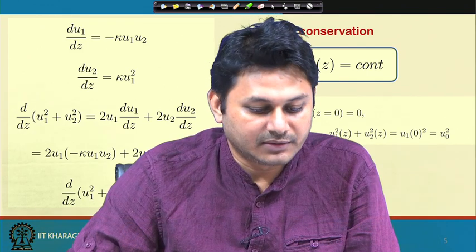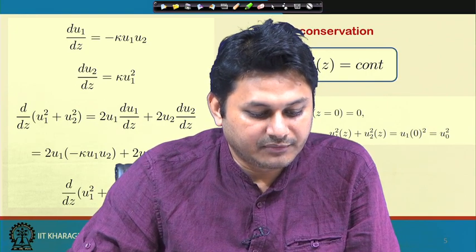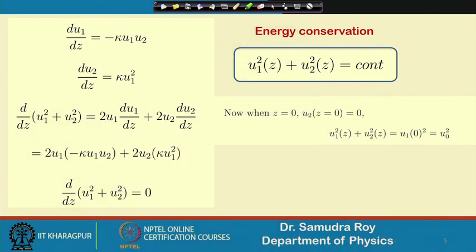So, we are going to start from these two equations. Now, if I try to find the total energy, then the total energy is proportional to u1 square plus u2 square. How does this total energy change? That means we need to take the derivative of u1 square plus u2 square with respect to z.